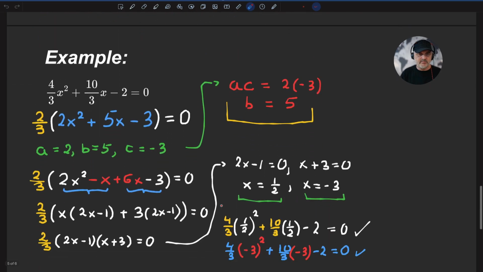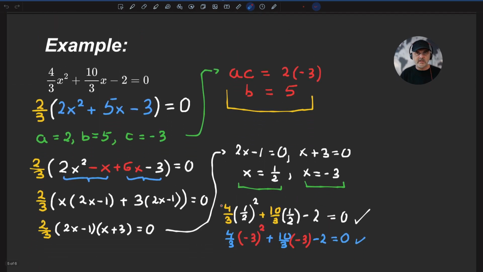The next example, it has fractions, so that looks really scary, but you can still solve it by factoring by identifying the following, that you can extract a fraction and generate non-fraction coefficients by establishing what is the best fraction that would work here.